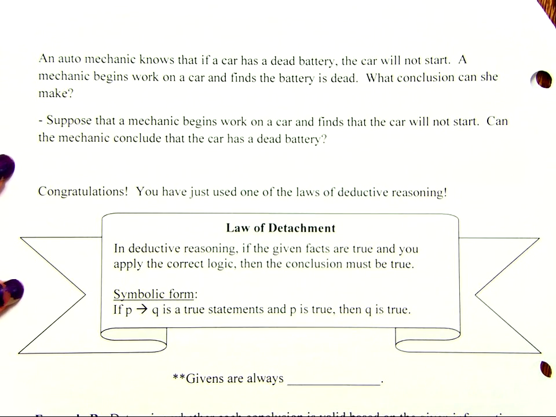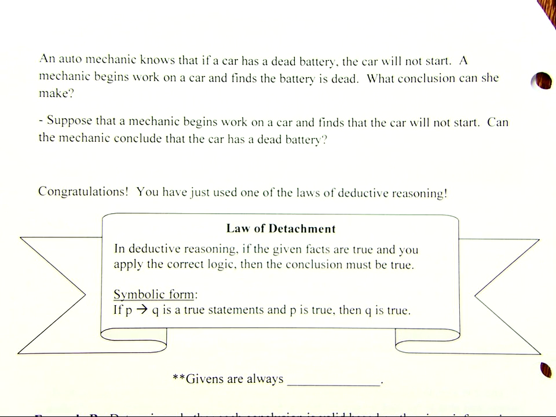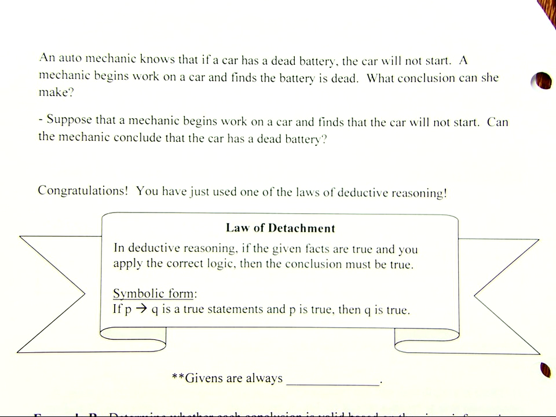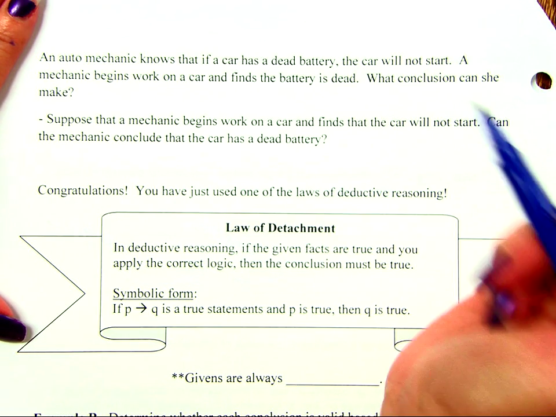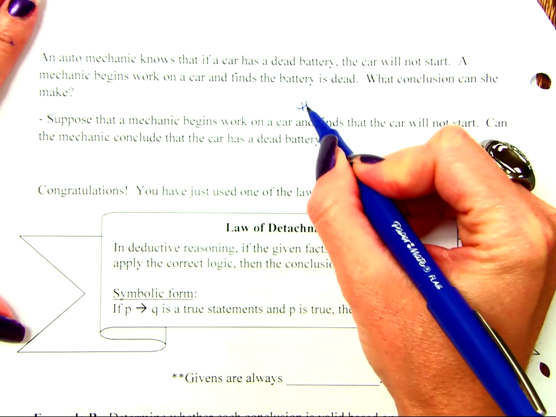At the top of page 2, it says, an auto mechanic knows that if a car has a dead battery, the car will not start. A mechanic begins work on a car and finds the battery is dead. What conclusion can she make? We can conclude that the car will not start.